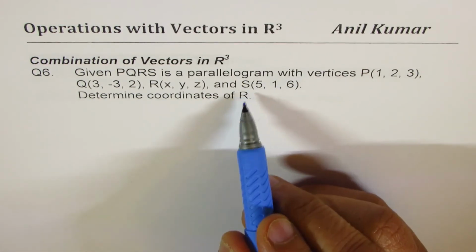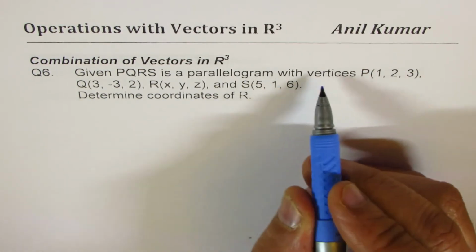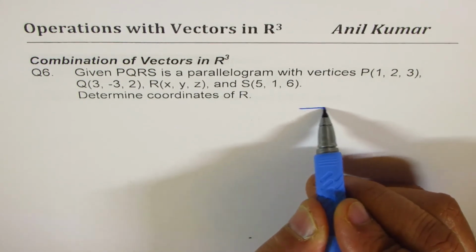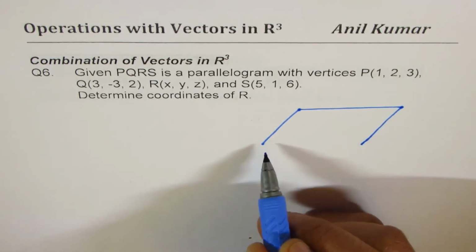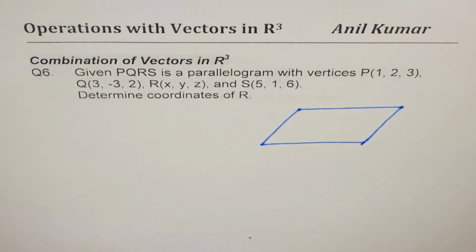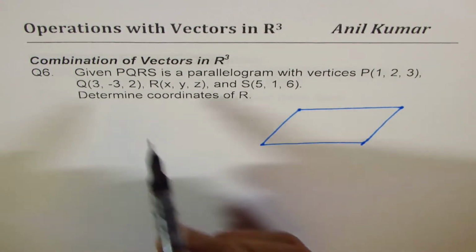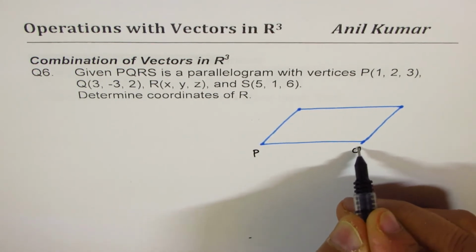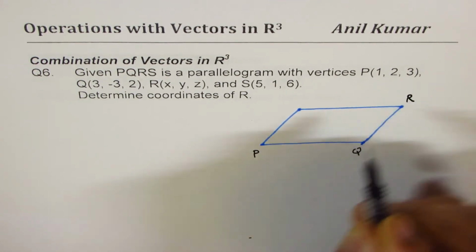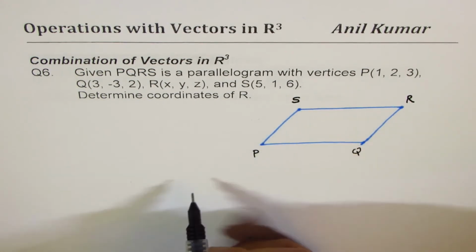If they tell you to plot, then you have to. So I'll just construct a parallelogram. Opposite sides are parallel and equal. And we'll name them in an order, P, Q, R, and S.